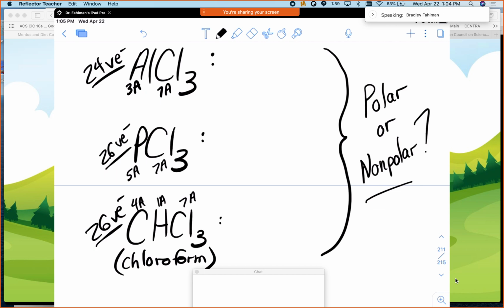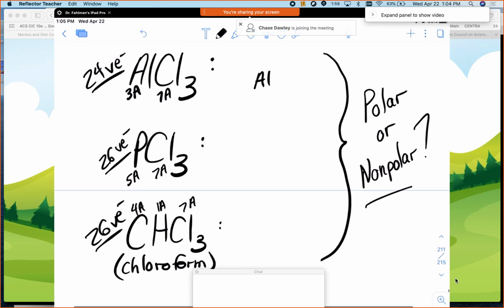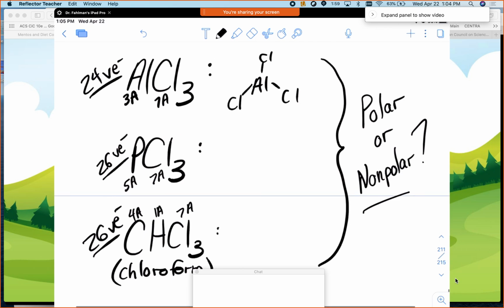Okay, so then we're going to put aluminum in the middle in this one, and then build up electrons on the outside. So that's 6, 7, 8, 9, 10, 11, 12, up to 24. Okay, so that's the Lewis structure for aluminum trichloride.